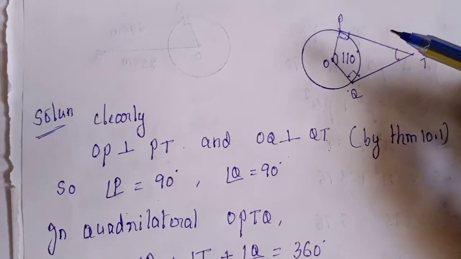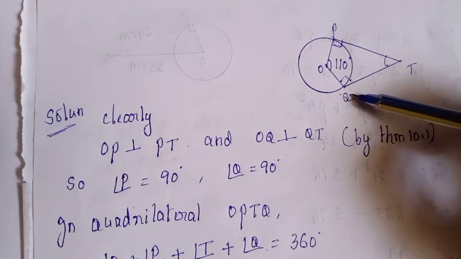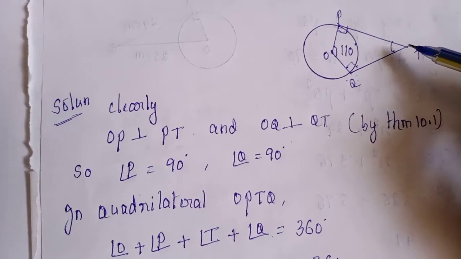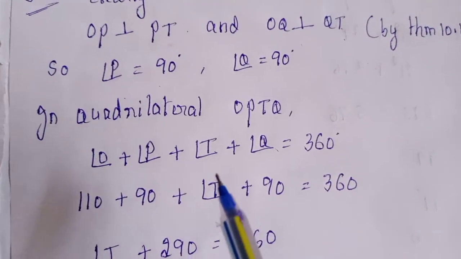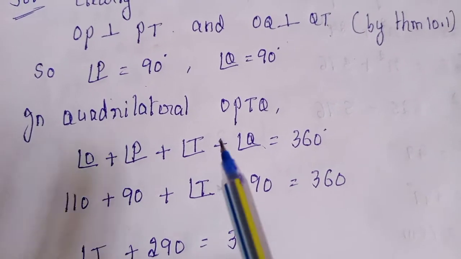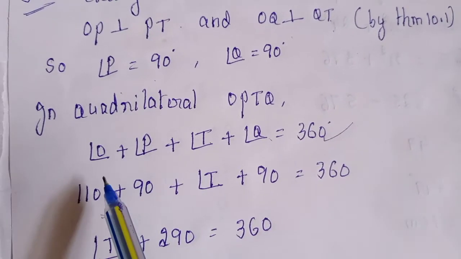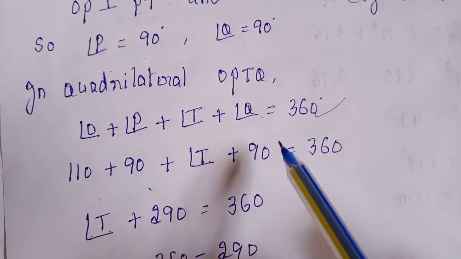Now look at this. I got angle O 110, angle P 90 and angle Q 90. So out of 4 angles, only one angle is unknown, and I can find it using the sum of angles in a quadrilateral, which is 360. So substitute angle O is 110, angle P is 90, angle Q is 90.